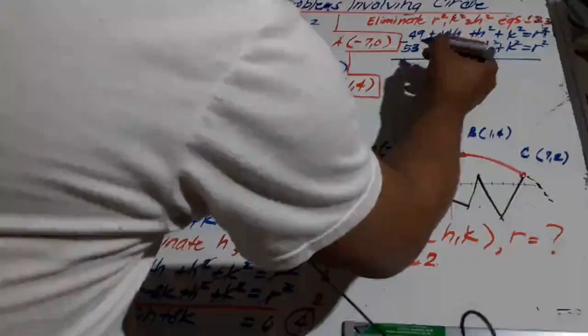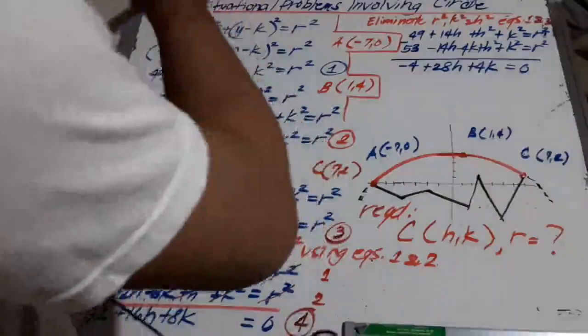Pag sinubtract, that will be 49 minus 53, that is negative 4. This will become positive 28h. And then this is plus 4k equals 0. So that will become our equation 5.